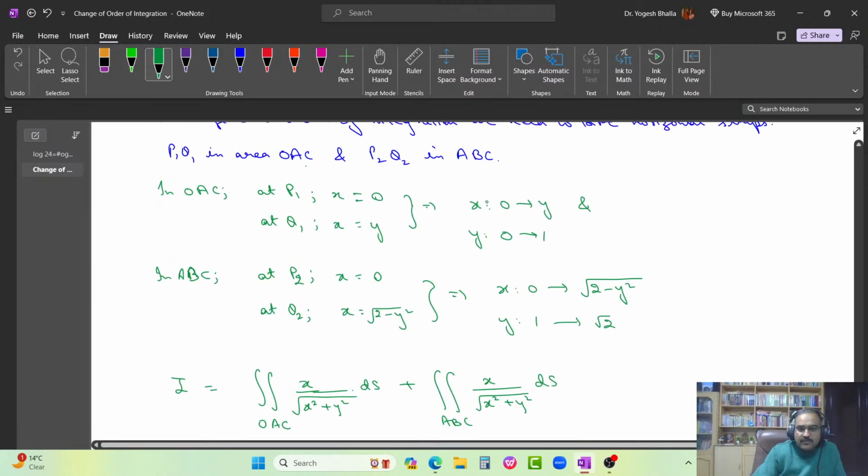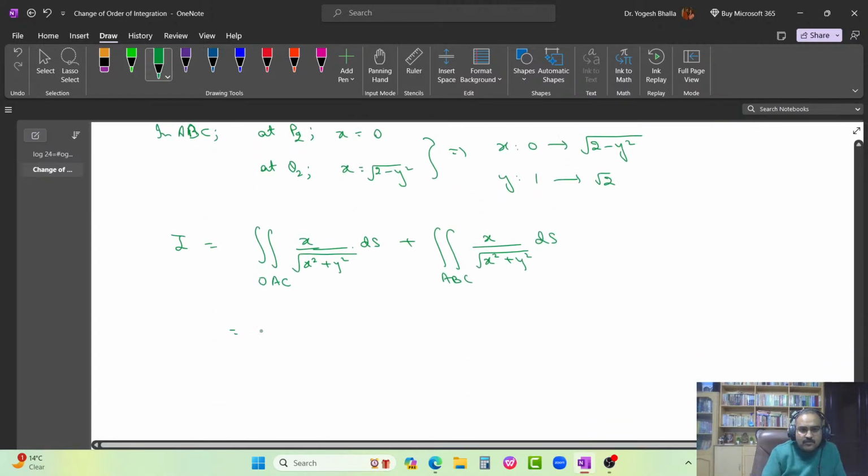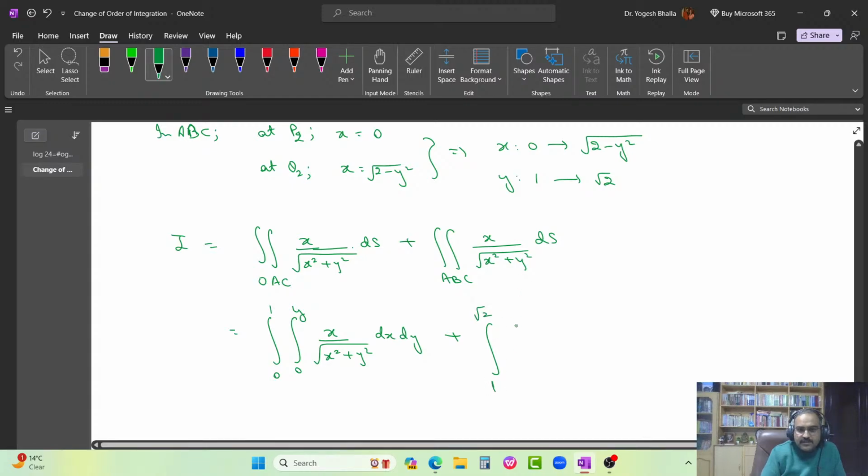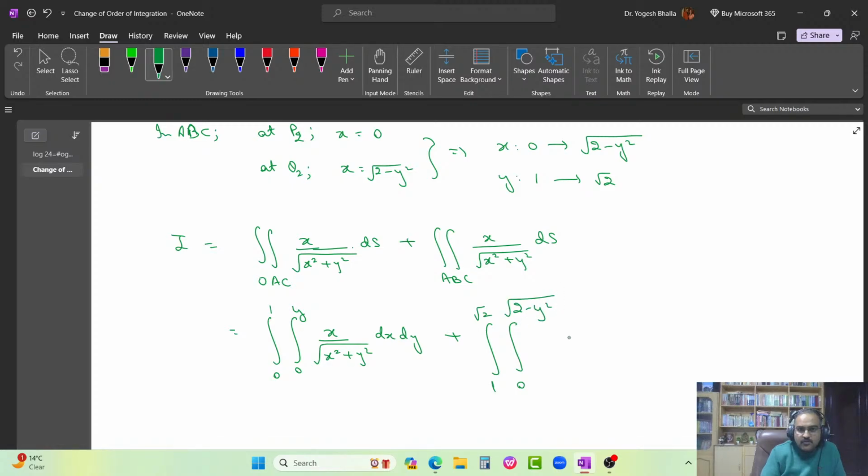Now in the first portion, the limits of x are from 0 to y, and the constant limits of y are from 0 to 1, x over root of x square plus y square, dx first and then dy, plus. Now in the second part, the constant limits are taken first, y from 1 to root 2, and x from 0 to root of 2 minus y square, x over root of x square plus y square, dx and dy.